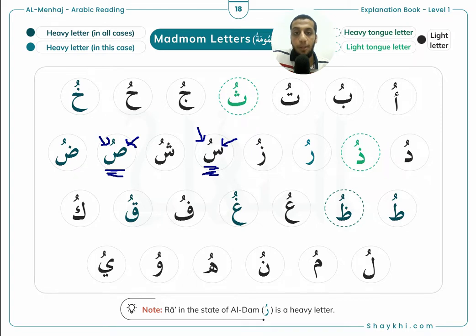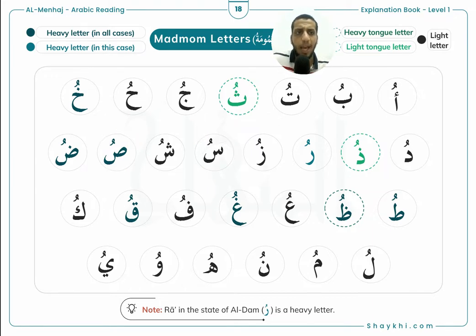And this is, as we said before, something called in Arabic al-isti'la or al-istifal. Al-isti'la means the back of the tongue is raised, al-istifal means it is not. So su, su, light and heavy.